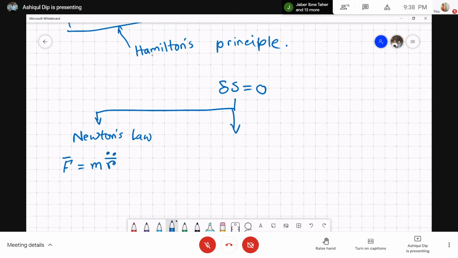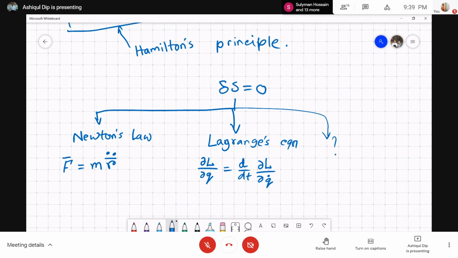One possible is Lagrange's equation, or Lagrangian mechanics, which says delta L over delta coordinate equals d/dt of delta L over delta q dot. Question is, can we generate more? Yes, the answer is yes. We can generate more. We'll see that later.